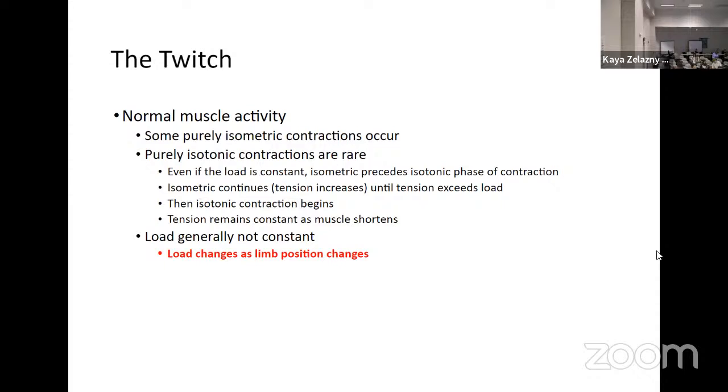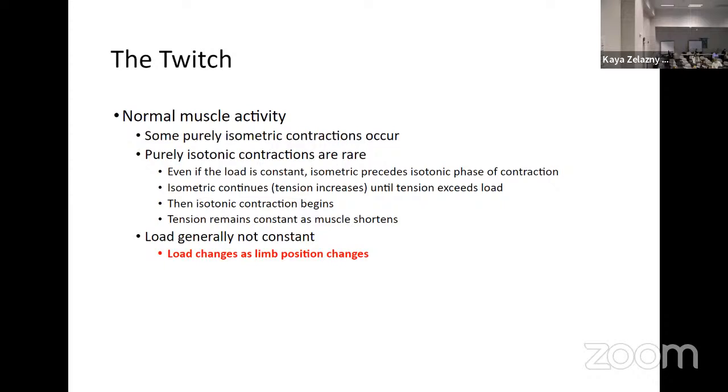A trickier nuance, which we will not go into all of the physics of, but if you're actually thinking about lifting something in practice in real life, your load changes depending on the limb position, right? Like carrying something heavy close to your body versus having your arms sticking out far out, right?